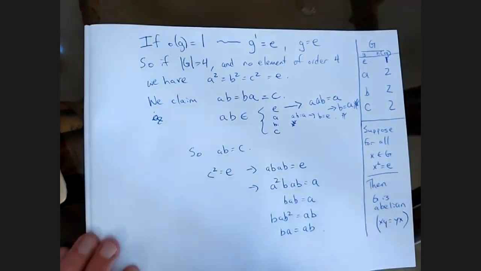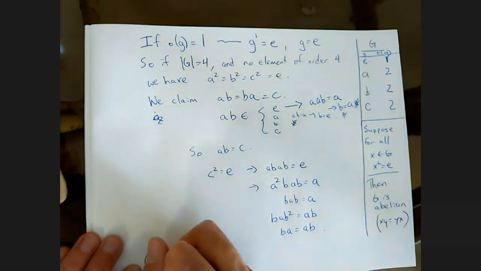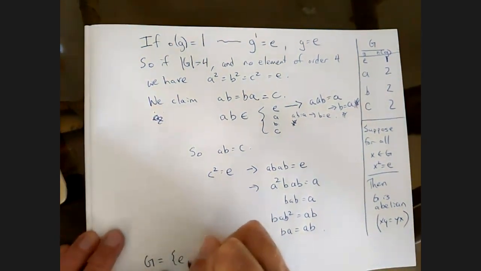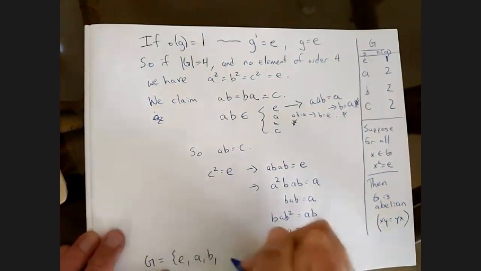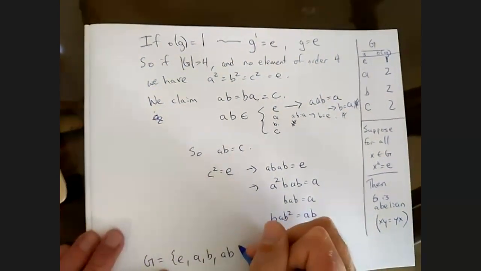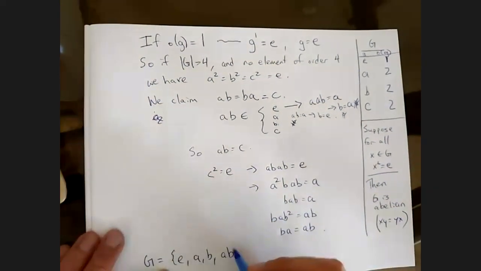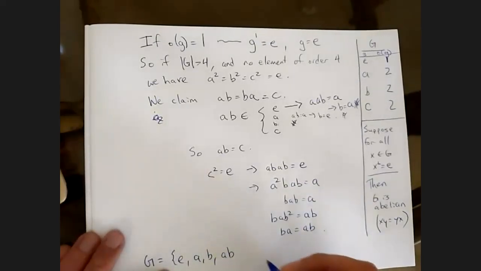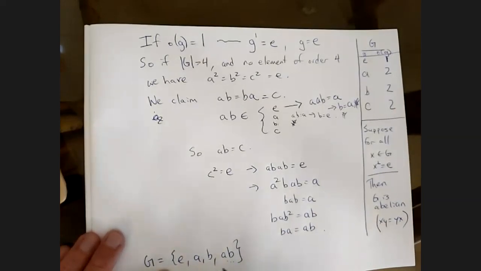So now my group G looks like the identity, a, b, and ab. And we have the rule that ab is ba. So now you can compute anything you want, because if you want to do a times ab, well, that is a squared b, which is just identity times b, which is b.